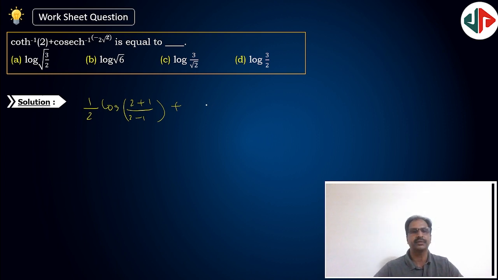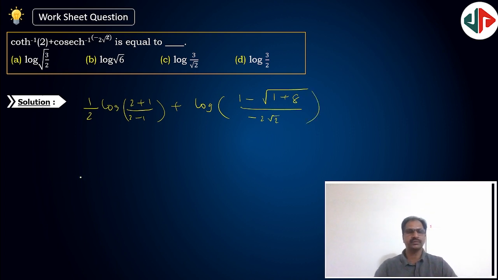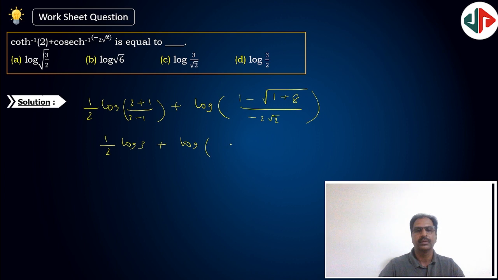If x is negative, the cosech inverse x formula is log of (1 minus root of 1 plus x square) by x, where x will be minus 2 root 2. This is cosech inverse x when x is negative. So this is nothing but half log 3 plus log of (root 9 is 3, 1 minus 3 is minus 2) minus 2 by minus 2 root 2, which will be 1 by root 2.